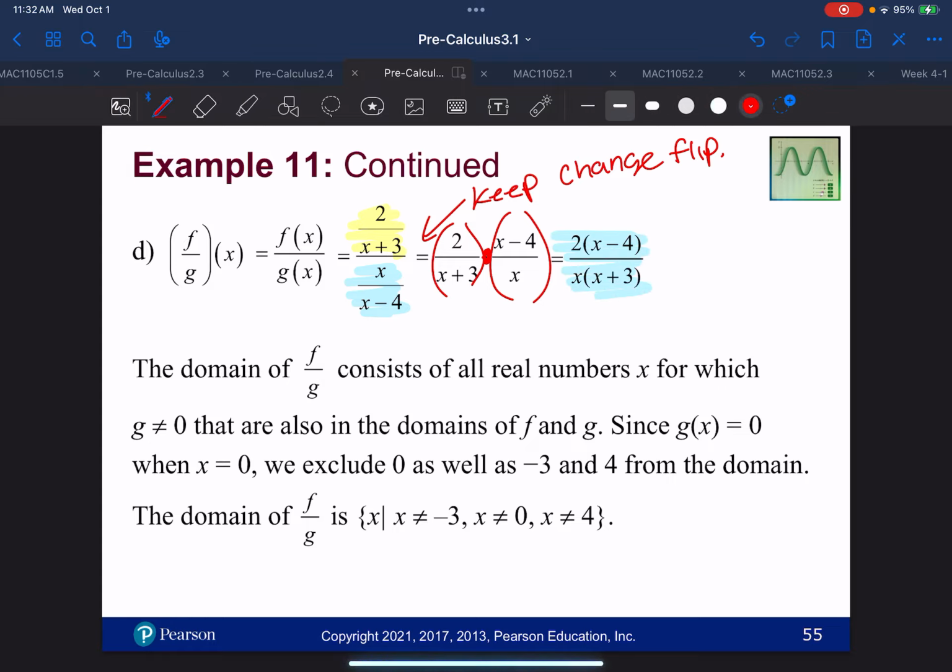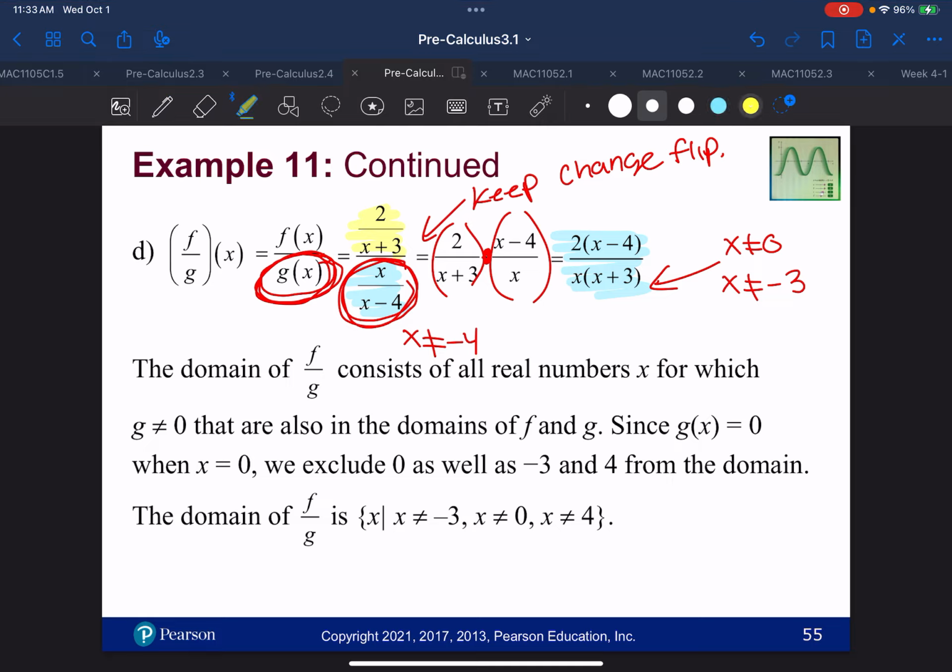So now our domain, x cannot equal 0, and x cannot equal -3. But also, we have to take into account the domain of g of x here. Because originally we're plugging in g of x into the function, but the original g of x had a denominator of x minus 4. So that also can't be undefined. I can't plug in 4 there. So here, x cannot equal 4.